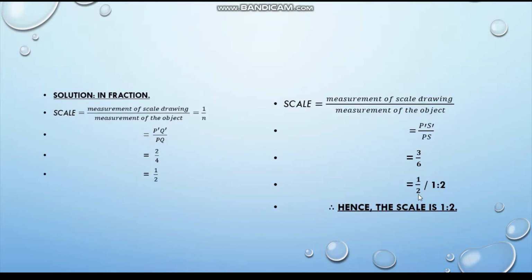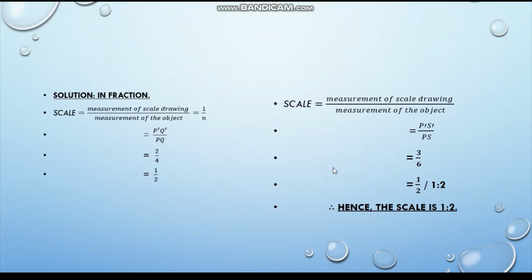Then we have to simplify it, which is 1 over 2. And then do not leave the answer as a fraction. We have to convert it into a ratio, which is 1 to 2. Okay, to total up for this question, hence the scale drawing of the object will be 1 to 2. Is that clear?